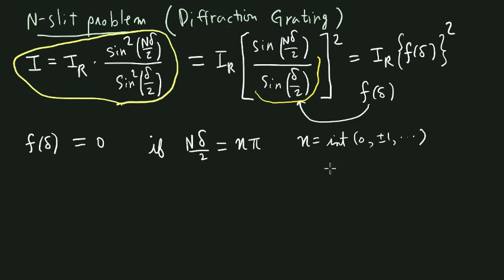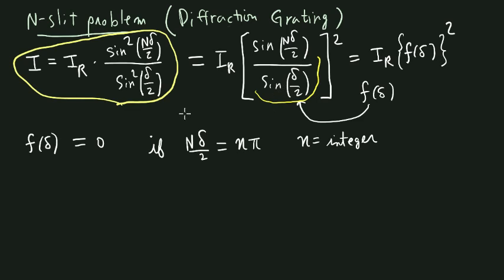But hold on a second. If this becomes 0 and the denominator also becomes 0, then we have a situation 0 divided by 0, and that requires special attention.